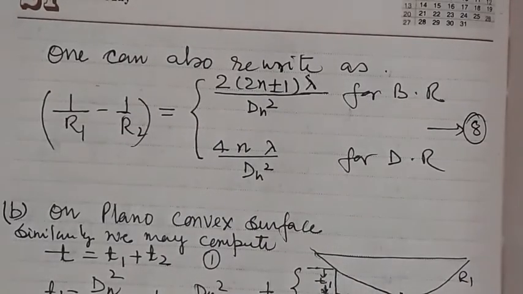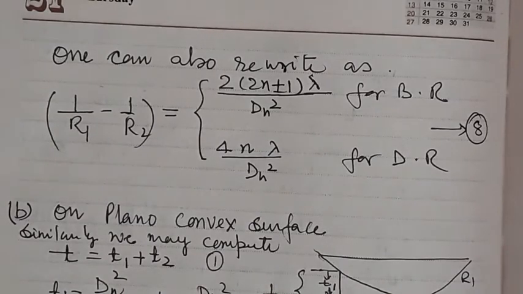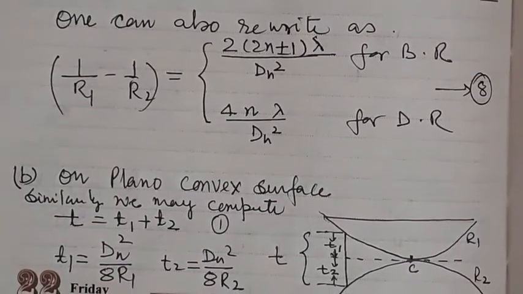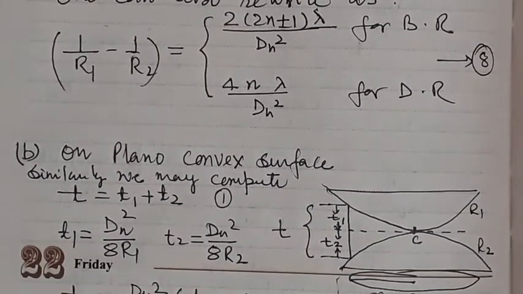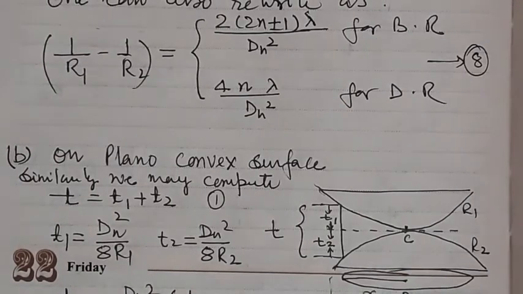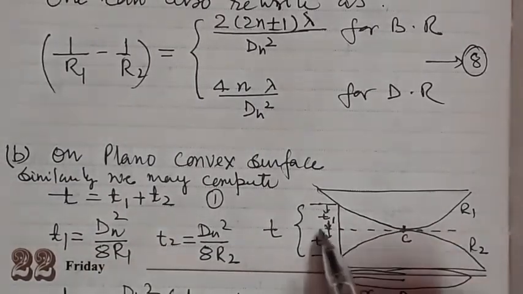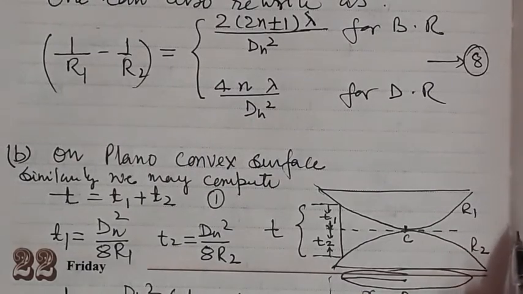A very similar expression can be found when a plano-convex lens is resting on a plano-convex surface. If we perform the calculation in a very similar way, the effective thickness of the distorted air wedge thin film is T equals T1 plus T2. See, this is T1 and this is T2. This is the reference line which passes through the contact point.